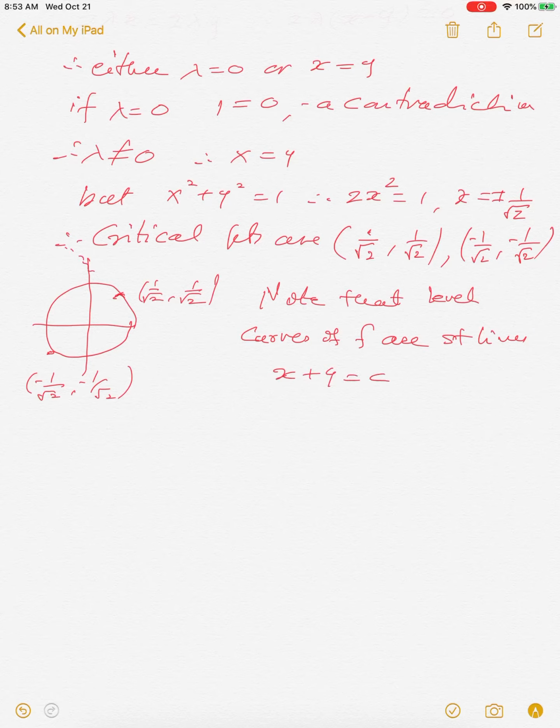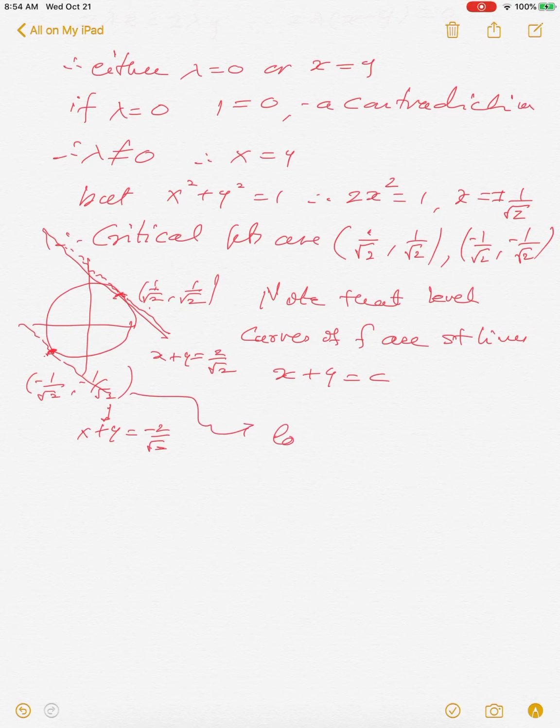So in other words, the function is constant on the straight lines. This straight line is x plus y equal to 2 by root 2, because your point is x is 1 over root 2, y is 1 over root 2, and this line is x plus y is minus 2 over root 2. So you see that the function takes its lowest at this point.